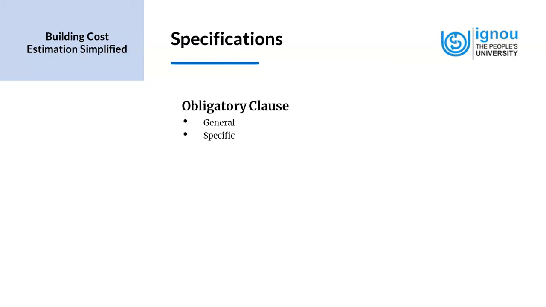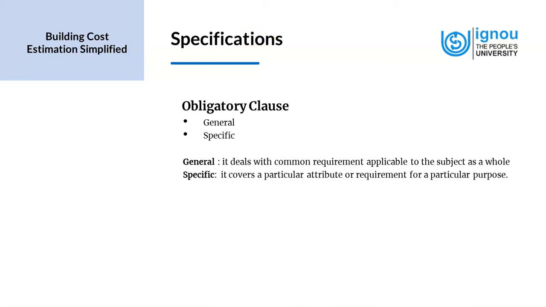The other is specific requirements. As we saw, general deals with common requirements applicable to the subject as a whole, and specific covers a particular attribute or requirement for a particular purpose.